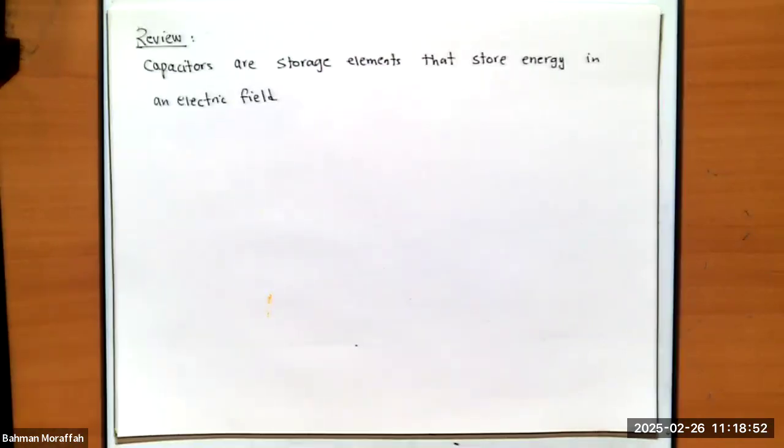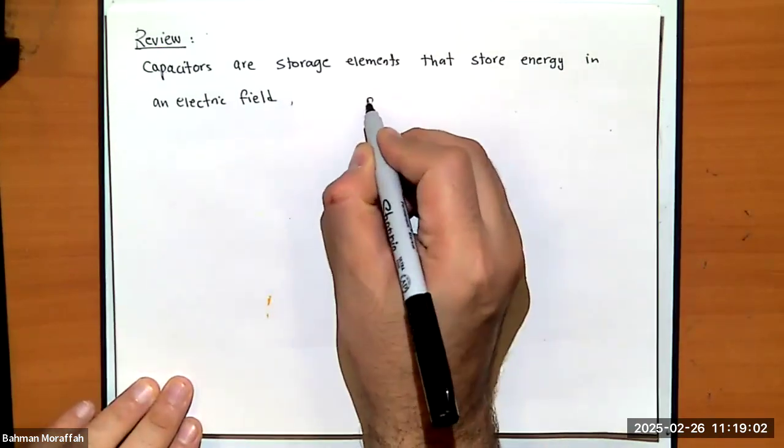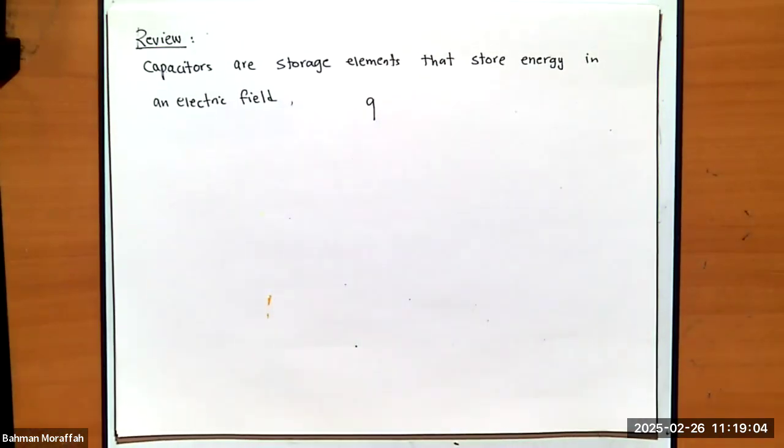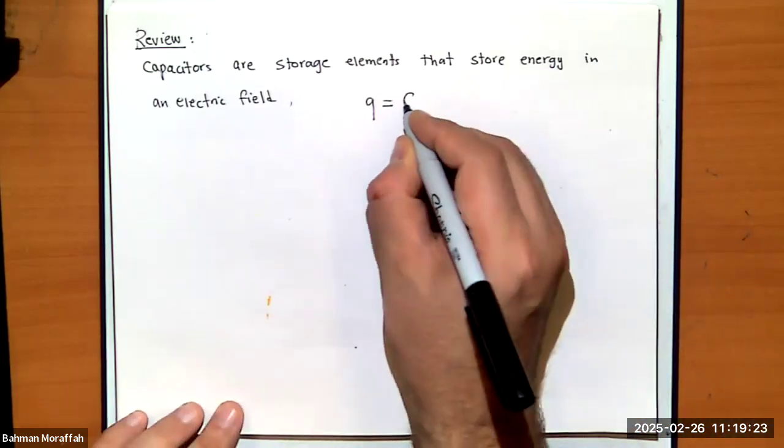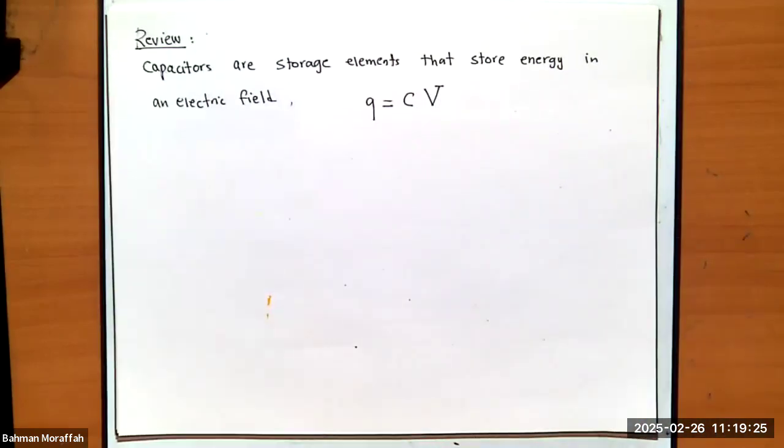And we said if we have two plates, two conductors, separated by a dielectric, the charges on those two plates are proportional to the potential difference, which created an electric field. And we said the constant that makes the proportionality an equality was called a capacitance. So we have Q equals CV.